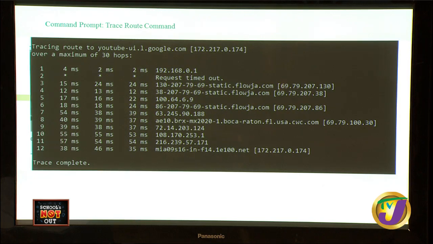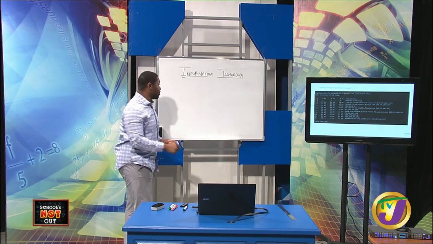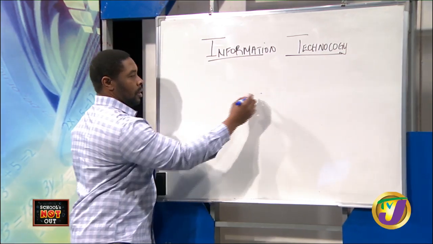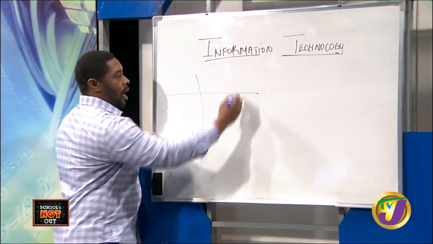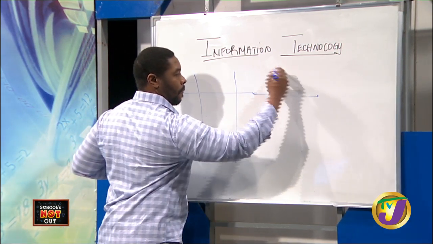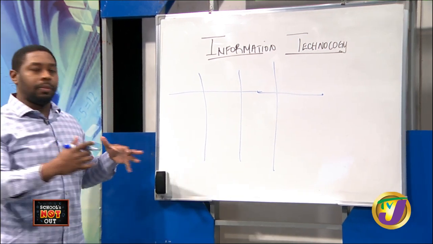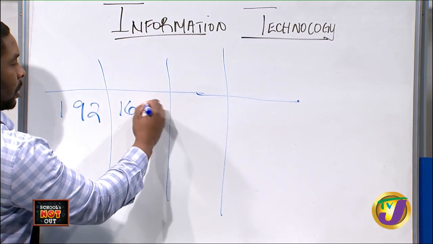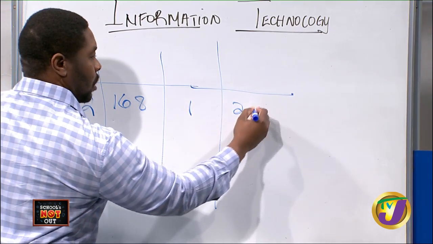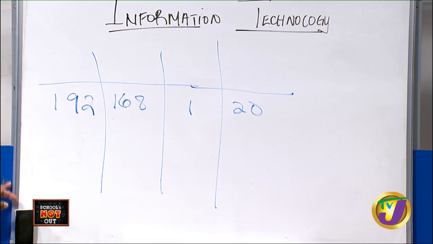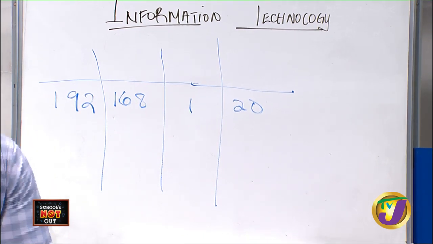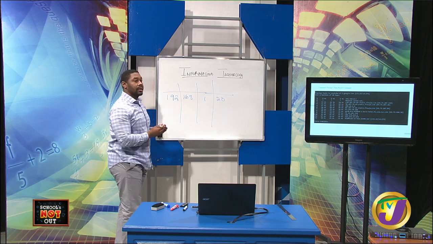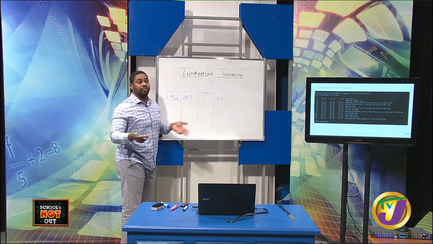So let me just do something on the board quickly. There's a very common question, I think, that came on the exam some time ago, and they just split up the IP address and associated it with any kind of address.